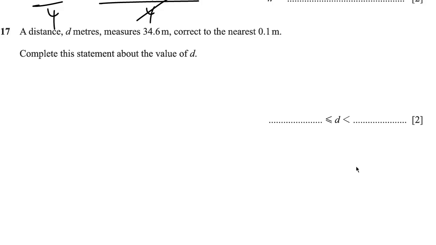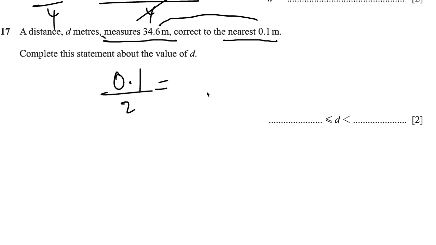So the distance was measured as 34.6 meters, but it was corrected to the nearest 0.1 meter that led to this value. So in order to get the reverse, all we need to do is 0.1 divided by 2, and 0.1 divided by 2 is 0.05.